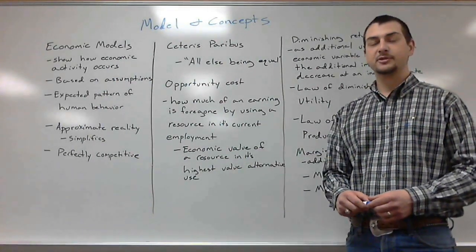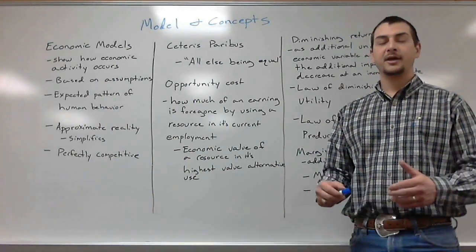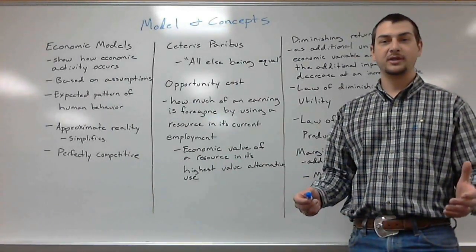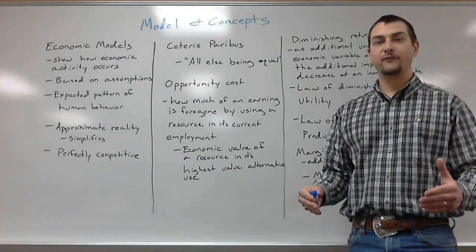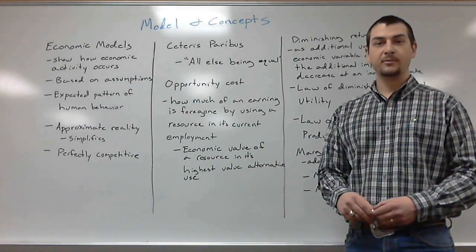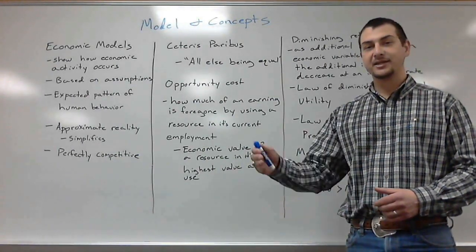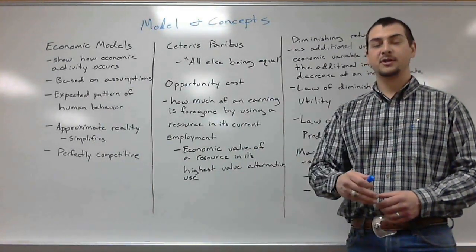Another great example that we talk about with students is, let's say you're a full-time student here at Casper College and you're not working anywhere else. Well, if you weren't a full-time student, what would you be doing? You would be using your time to actually be working out in an industry somewhere. So you are giving up that salary to come to college.